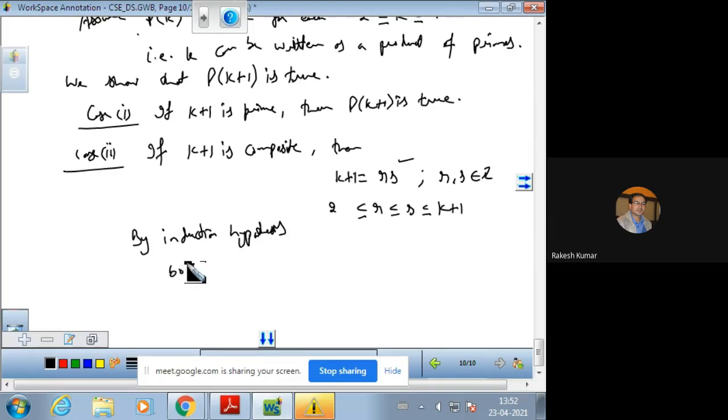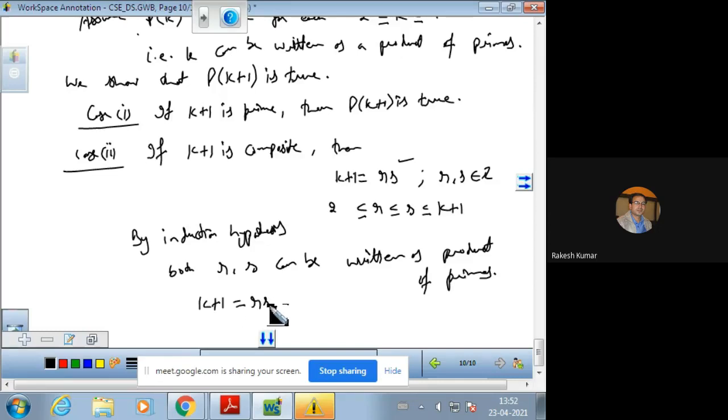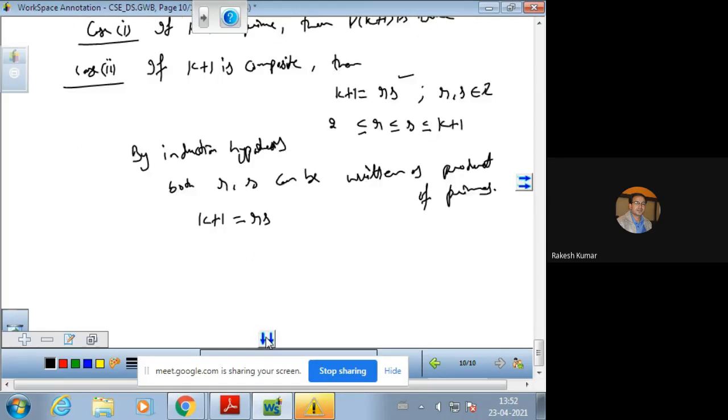So लिख लीजिए, both r and s can be written as product of primes. This implies that k plus 1 is equal to r into s can be written as a product of primes. क्योंकि अगर r, s can be written as a product of primes है तो r into s भी can be written as a product of primes.